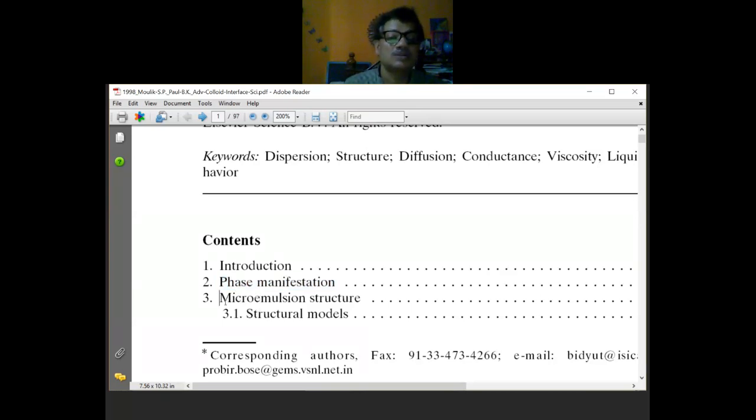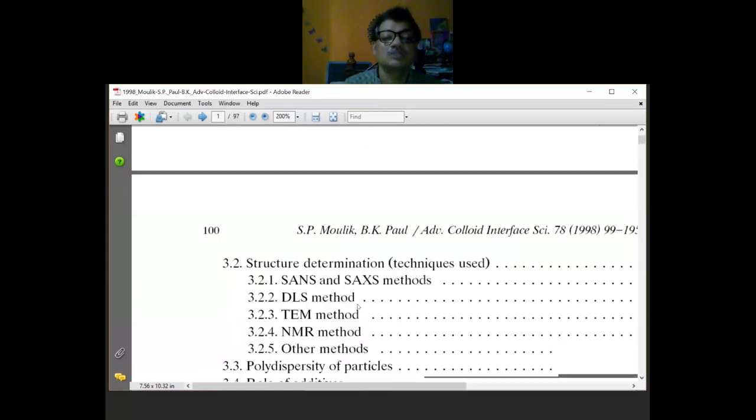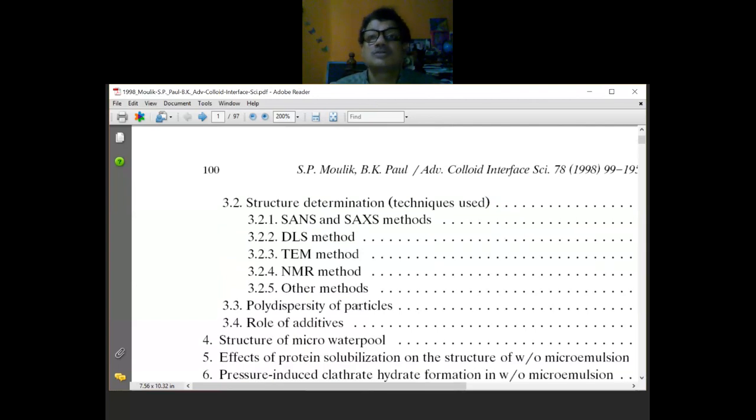Then we discussed the structure of the microemulsion. The microemulsion structure we discussed in detail, and the structural models, and we classified the microemulsions into four categories: Windsor 1, 2, 3 and 4.